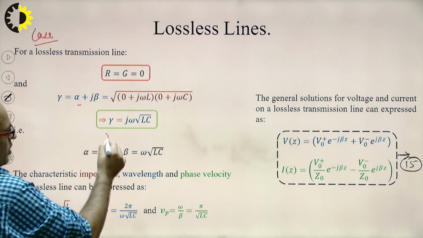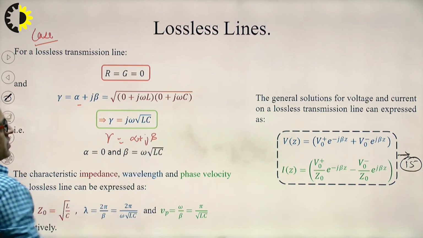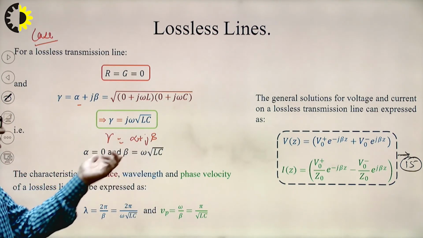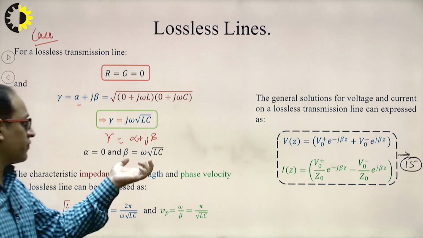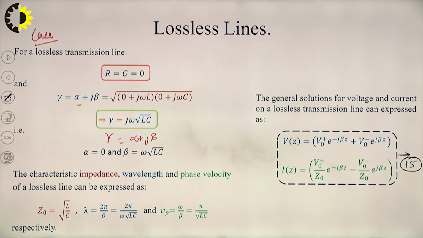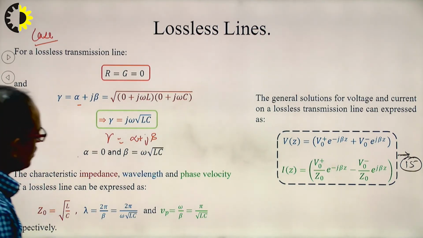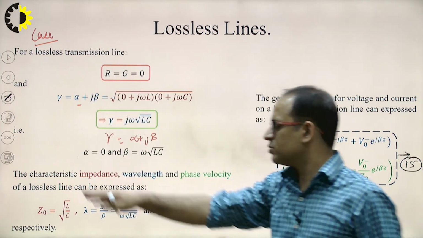Now this gamma is equal to what? Alpha plus j beta. On comparison you will see alpha equal to 0, meaning attenuation is 0, and the phase constant will be beta equal to omega root of LC. Clear? So attenuation will be 0, as I know that this is a lossless transmission line.